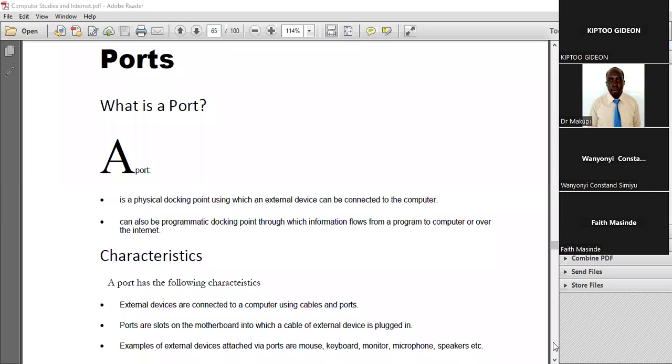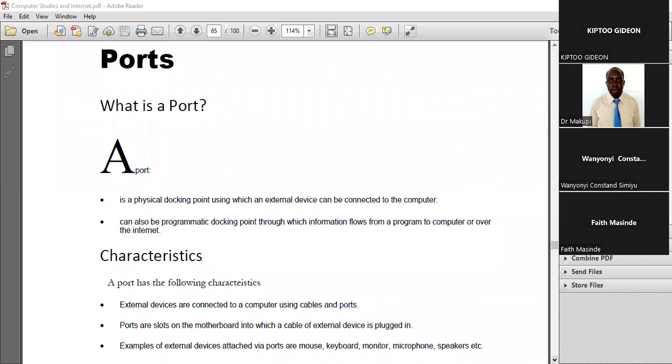For example, the way you communicate over the internet is using ports, which are actually numbers. Like SSL is port number 443, for example. Those are programmatic docking points. Now, in this respect, I'm talking about a physical docking point where external devices are connected to a computer. But you need to understand it can also be a programmatic docking point where information is flowing from a program to a computer or over the internet.